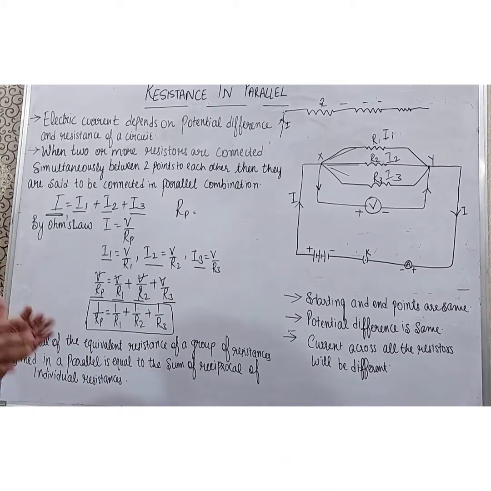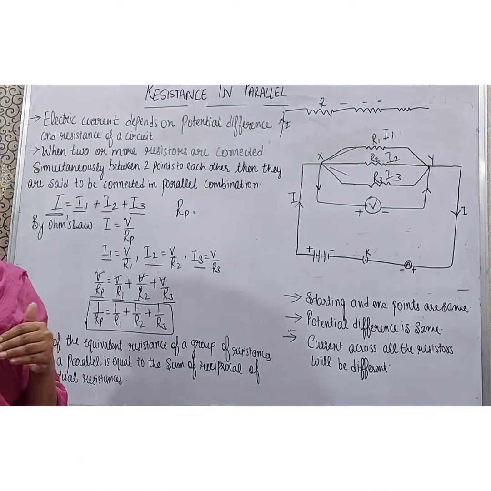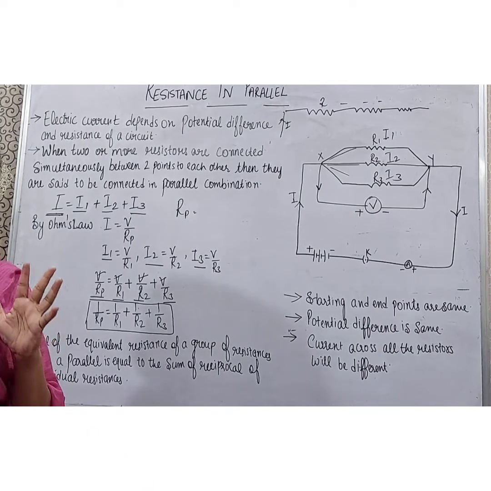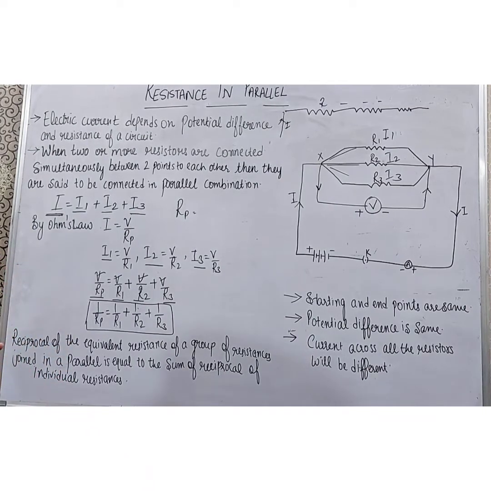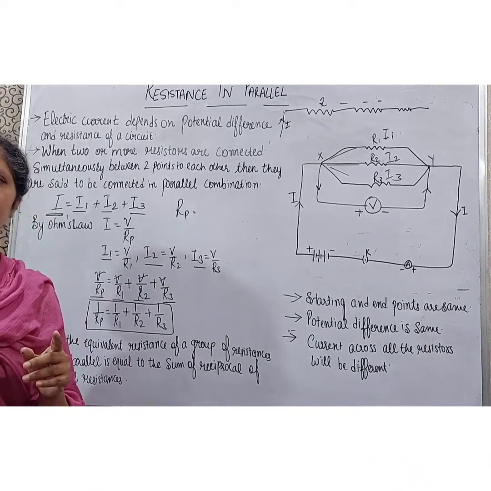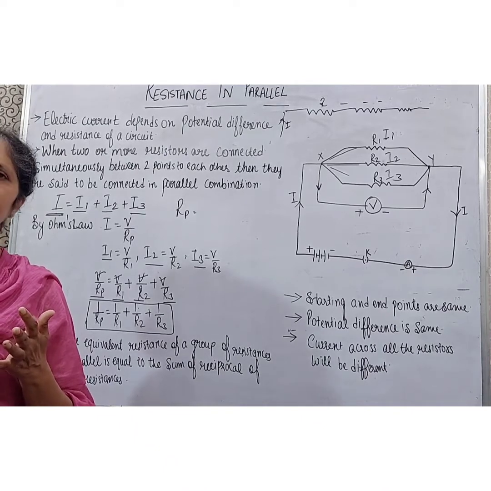There is one main difference between resistance in series and resistance in parallel. When we join the resistors in series, the electric current remains the same, but the potential difference is different, because for all the resistors the starting and the end point is different.